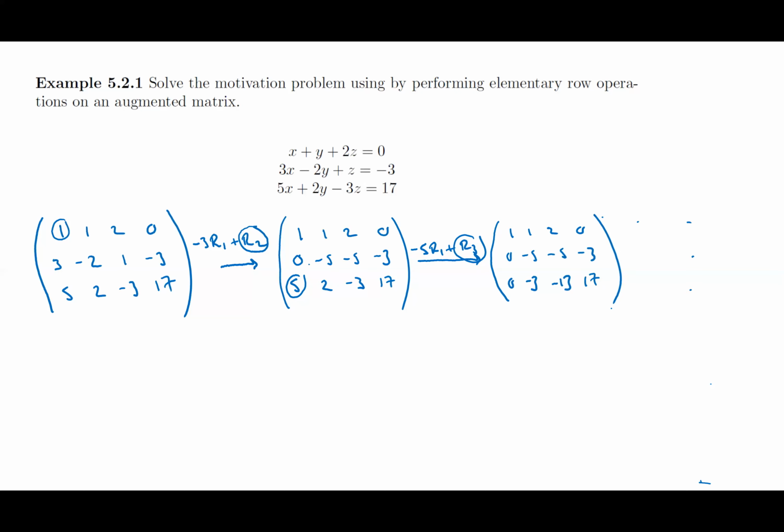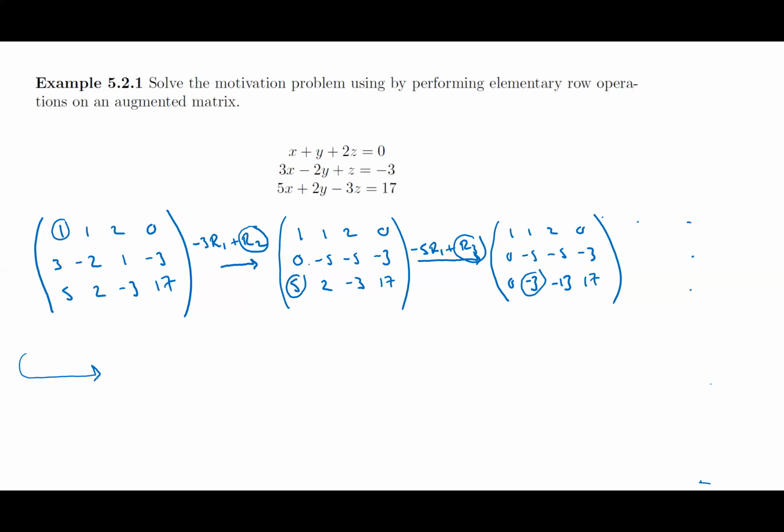Next thing I want to do, remember, I'm trying to get zeros, so that I can look at my third row and figure out what z is. And so I'm going to turn this -3 now into a 0. And so to do that, well, gosh, now things get tricky, right?